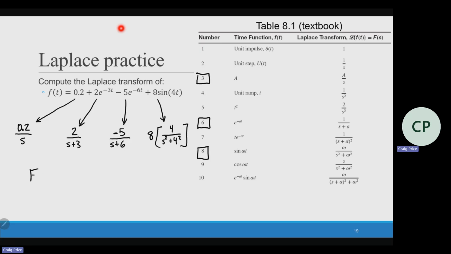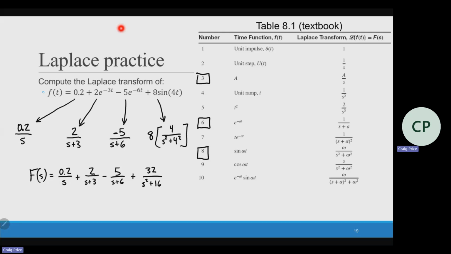So my Laplace transform would be 0.2 over s plus 2 over s plus 3 minus 5 over s plus 6 plus 32 over s squared plus 16.